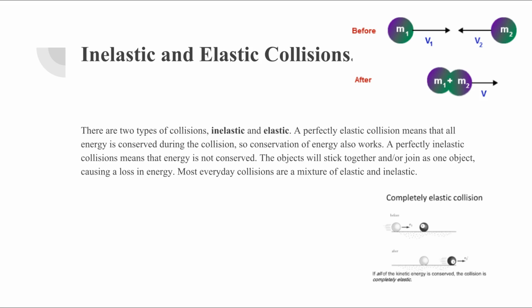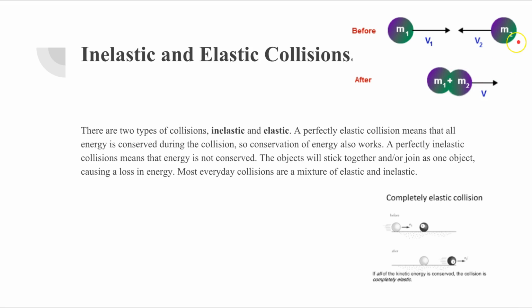All right, inelastic collision. A perfectly inelastic collision means that energy is not conserved. The objects will stick together and join as one object. Here's an example of an inelastic collision: m1 traveling to the right with v1, m2 traveling to the left with v2. They will stick, so they'll join as a combined mass m1 plus m2 with some velocity v.